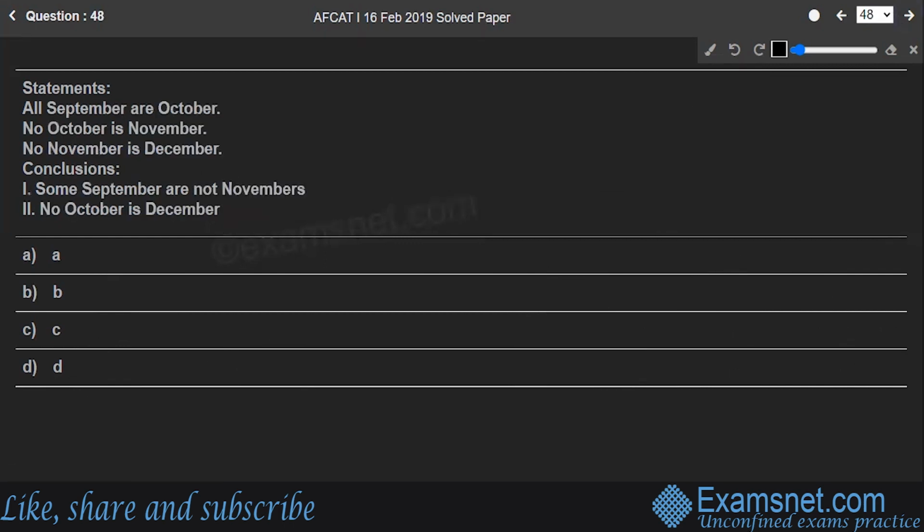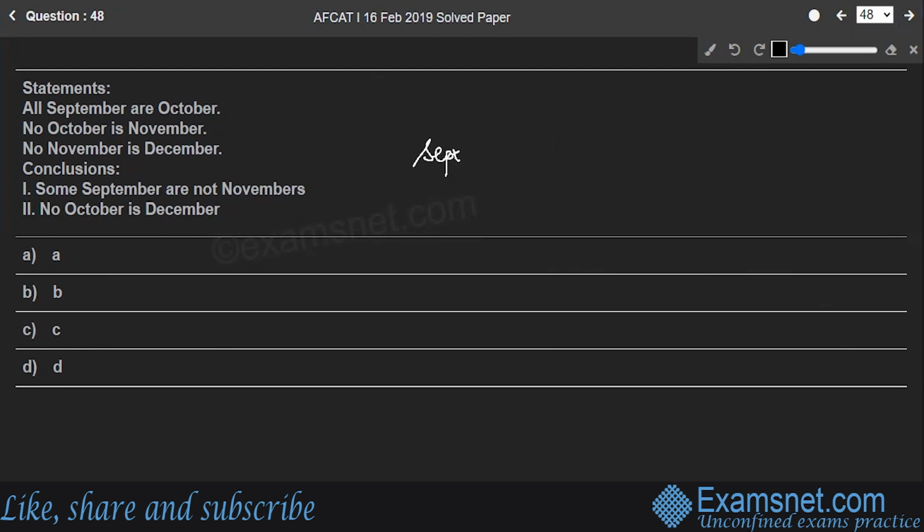So same thing. Okay, right. A, B, C, D, 4 options. A says only conclusion 1 is true. B says only conclusion 2 is true. C says either 1 or 2 is true, and D says none of them is true. Right. So let's read this one. All September are October.